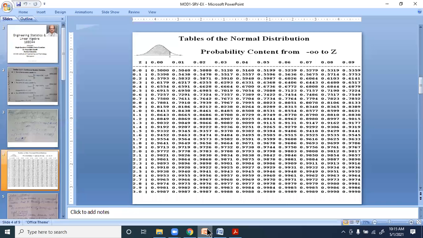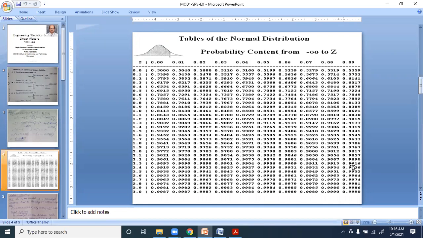So 2.39 will be 0.9916. 2.392 means it will be between 2.39 and 2.40, right?